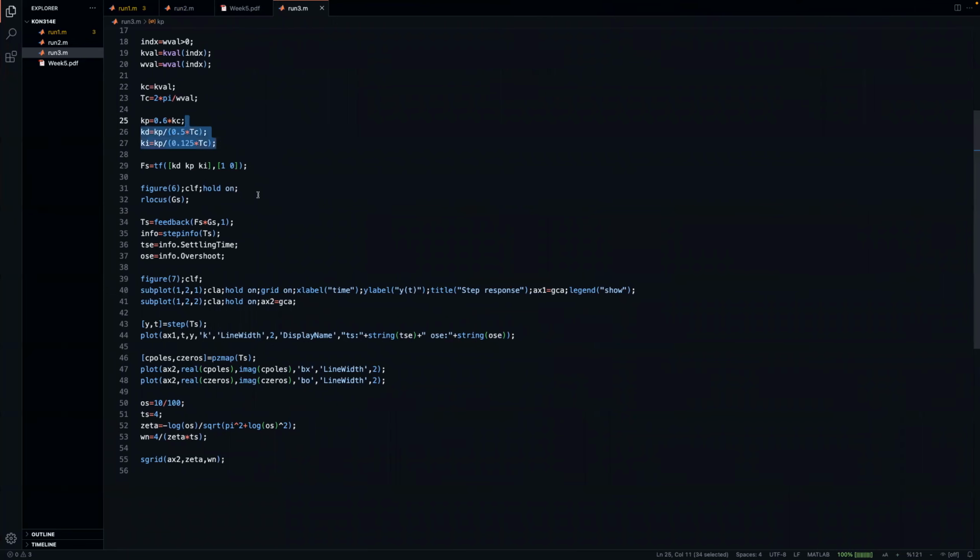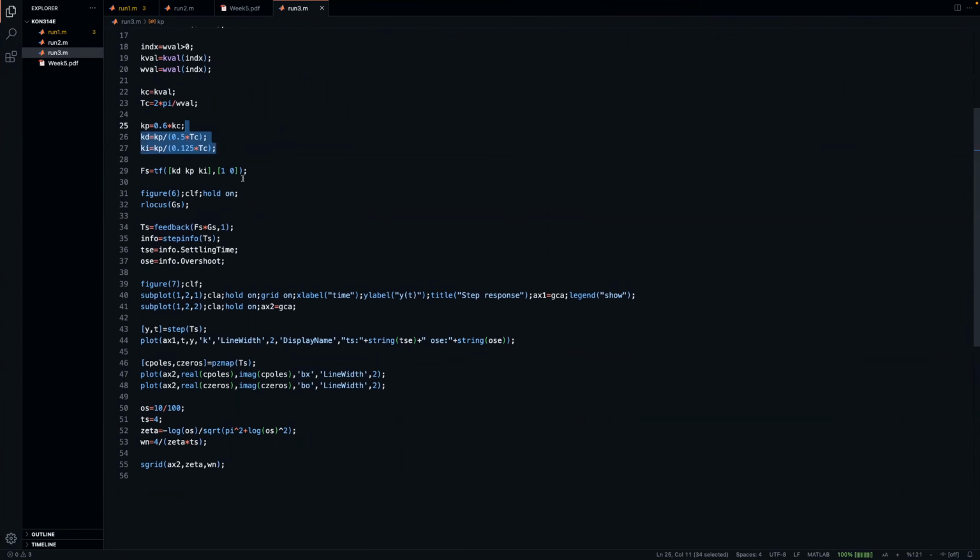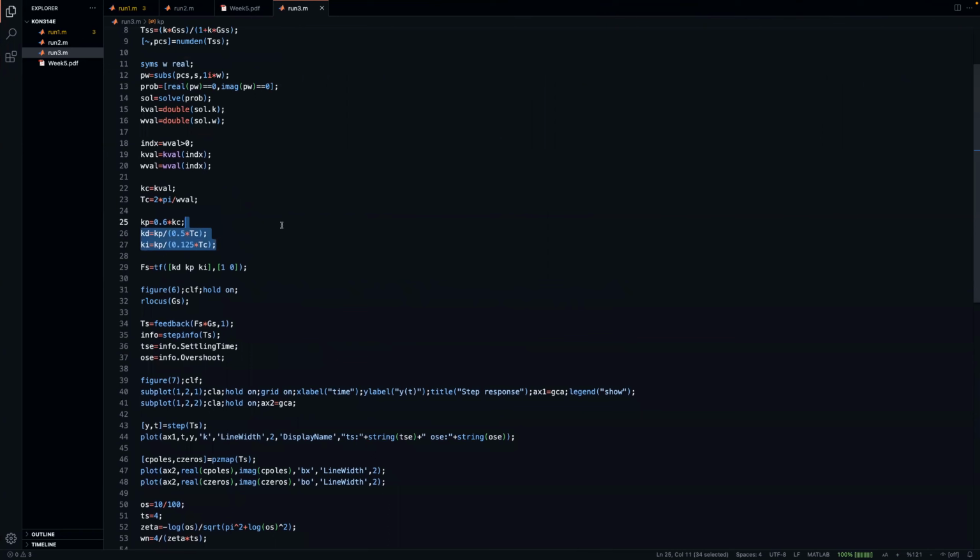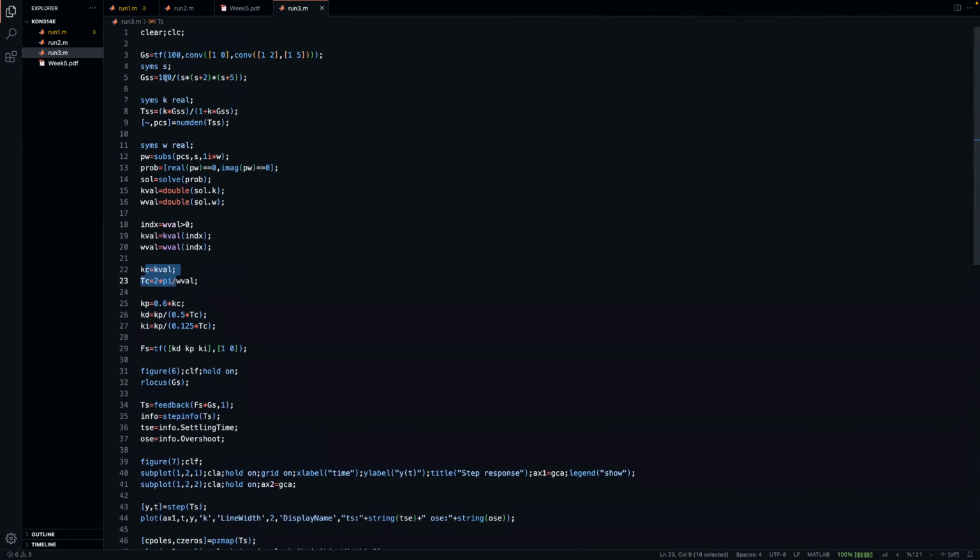You have a table which gives you basically the PI controller, the PD controller, or the PID controller with Ziegler-Nichols. And you only have the input parameters KC and TC, which are obtained from the marginal stability of the system.